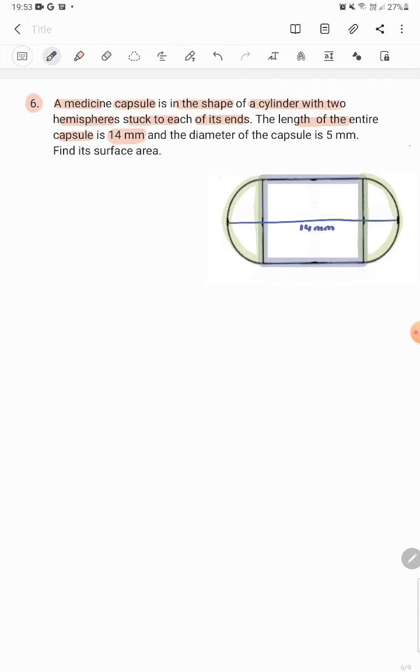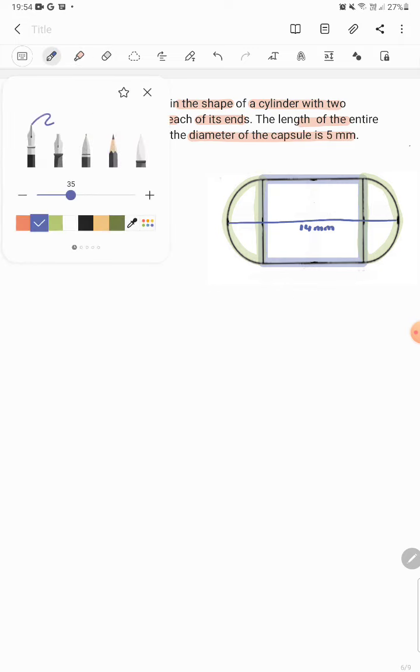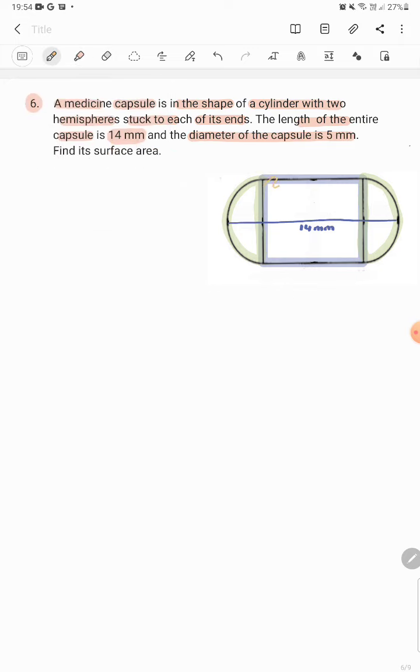And the diameter of the capsule is 5 millimeter. They are talking about this diameter. This diameter is 5 millimeter.